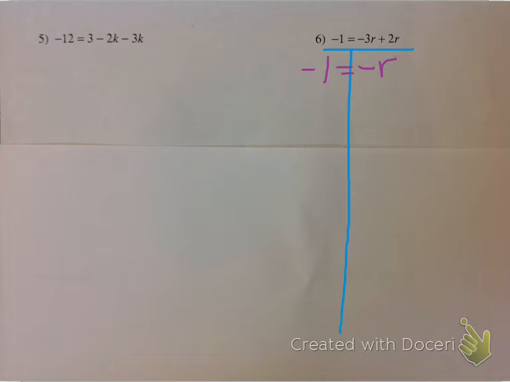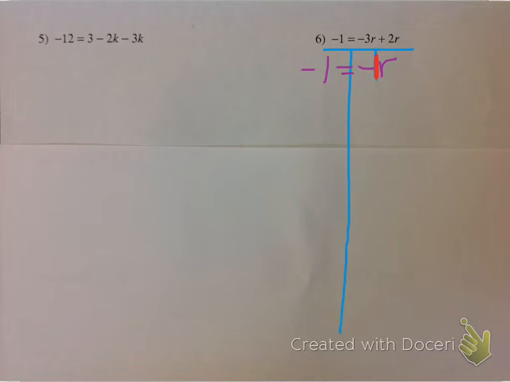Now, is my goal to solve for r or -r? Hopefully you said r, and so we are not quite done yet. We need to get rid of that negative sign in front of the r to be able to truly solve for r. We have to remember that there's always an invisible 1 right here in front of the r, a 1.